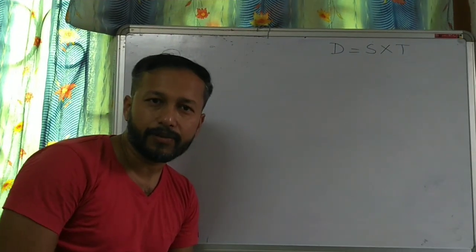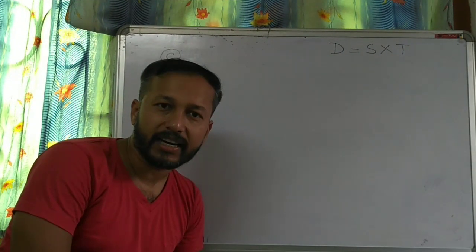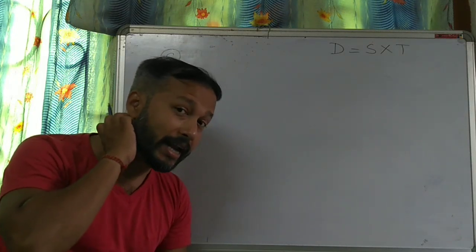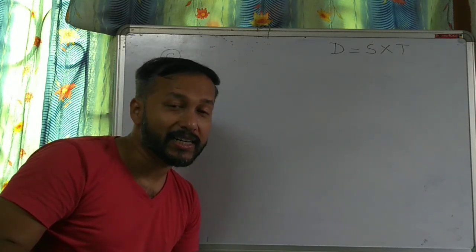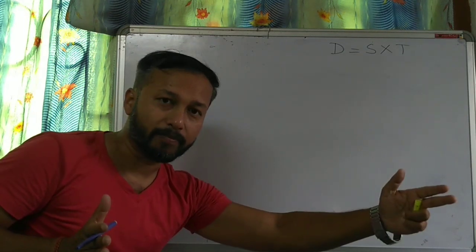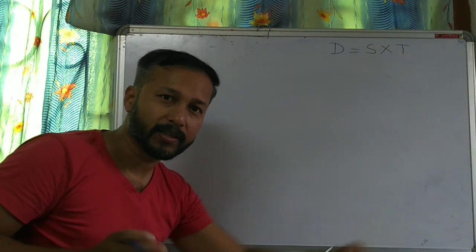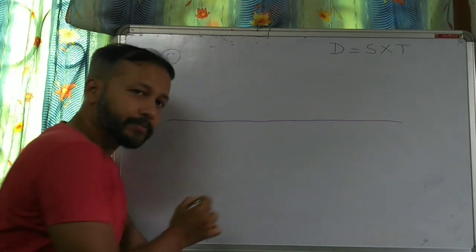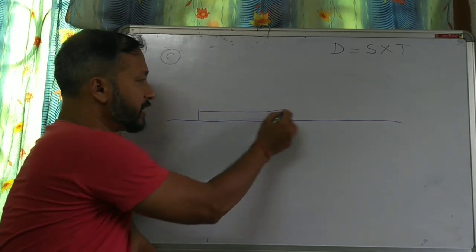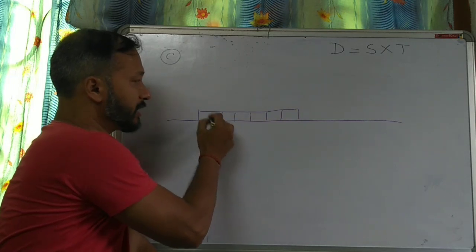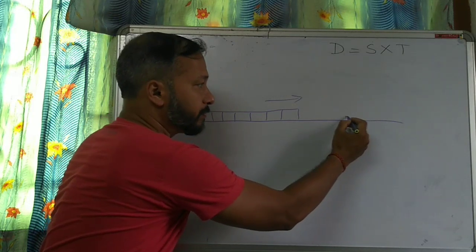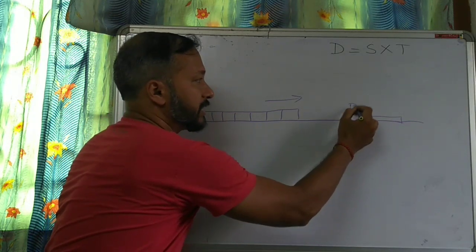Got it? Now let us discuss the third technique. In the previous technique we saw the train crossing a tree. But now the same train is crossing a platform, the railway platform. Say, this is the railway track. Now this is the train which is moving in this direction, and this is my platform.